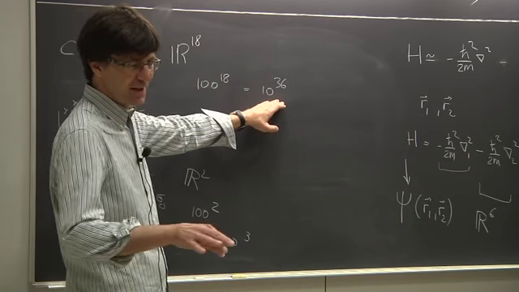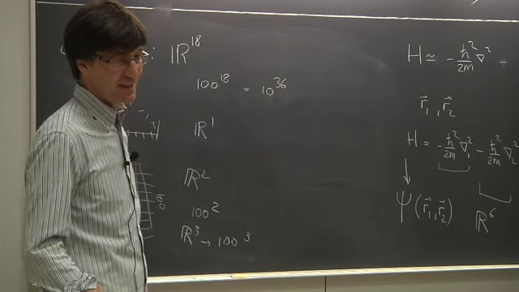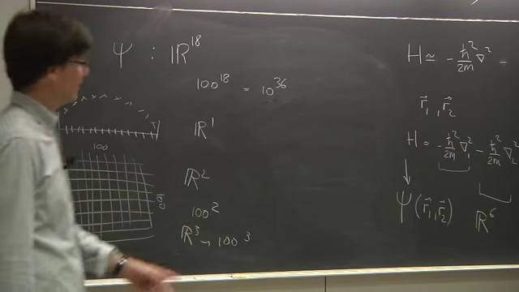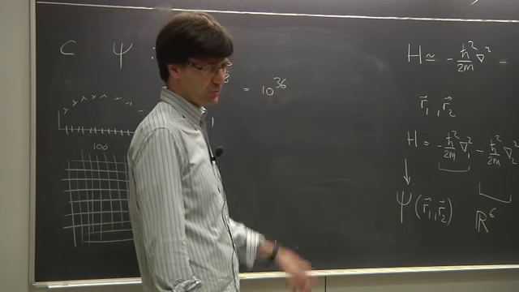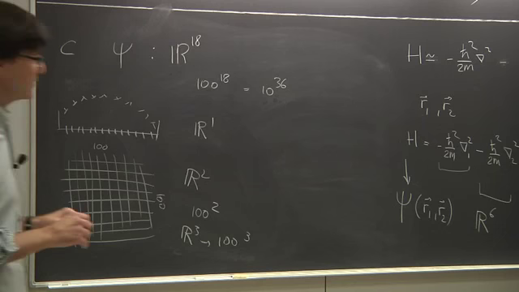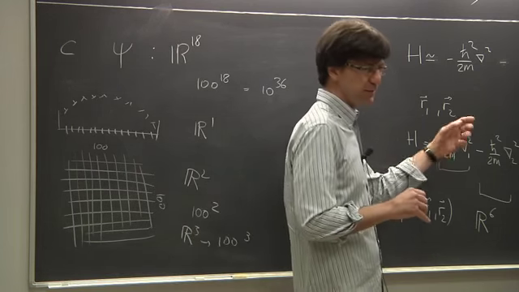There's no storage place, no big database, no hard disk that will allow you to store 10 to the 36 real numbers, just storing the value of the wave function, not yet even trying to solve the problem.